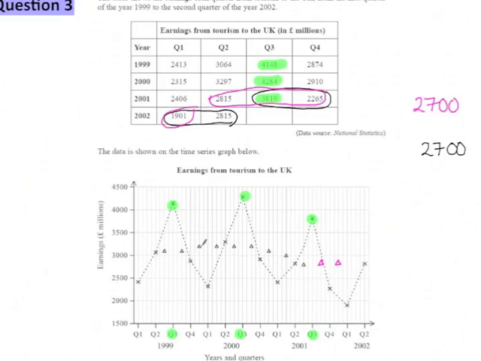There's a little increase here, but actually between 1999 and the end of 2000, which is this point here, all of these moving averages are roughly the same. So at this point, between 1999 and the end of 2000, the earnings are similar, okay? So they remain the same.